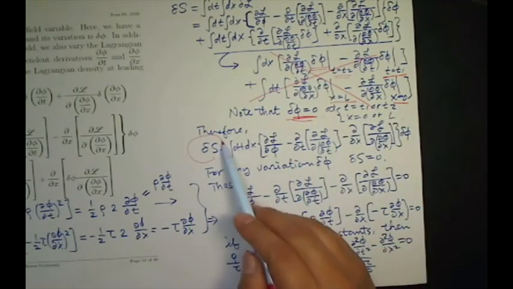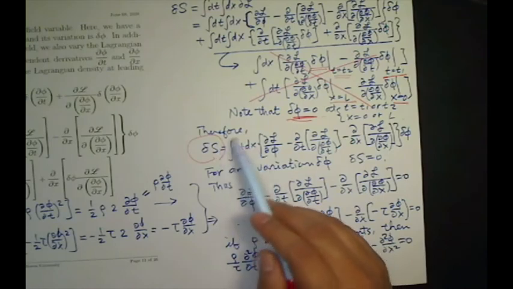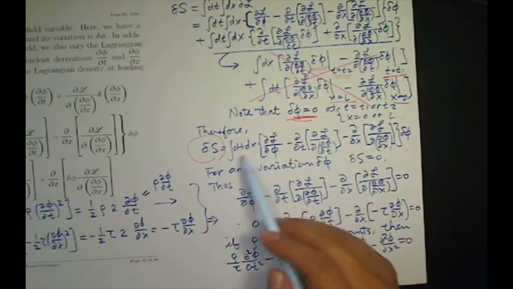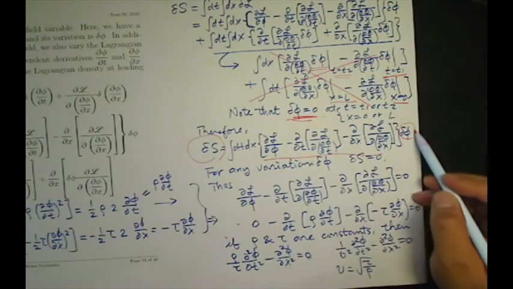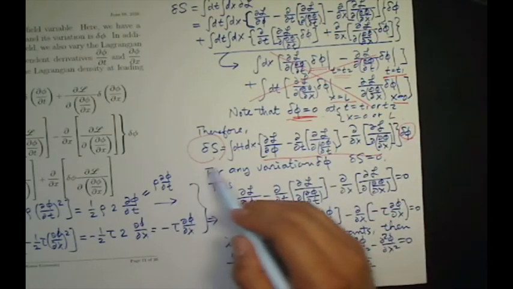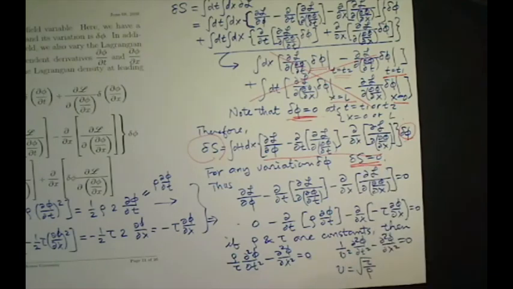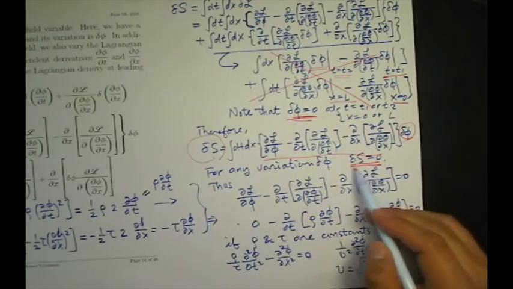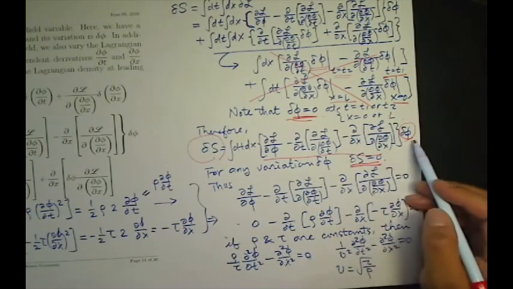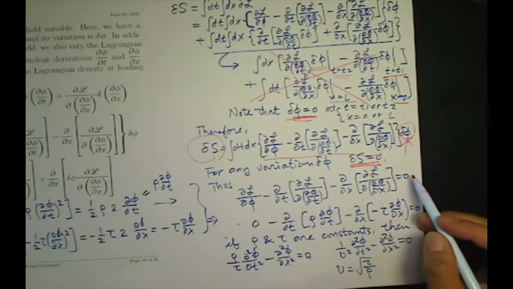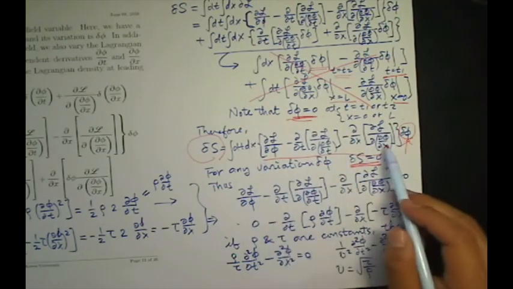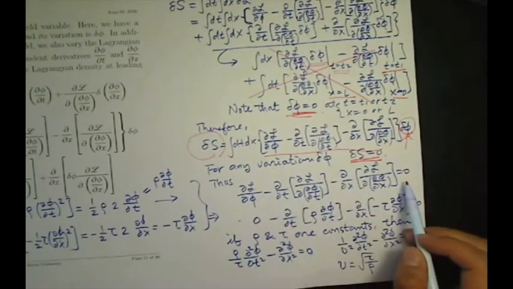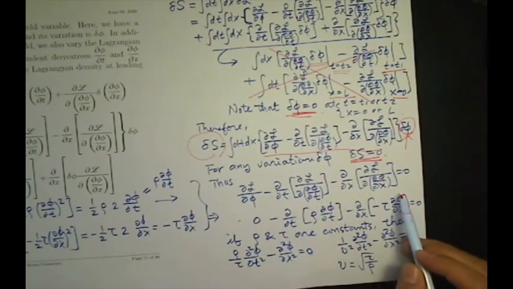Therefore, the variation of the action is the double integral of this multiplied by an arbitrary variation. And if I impose the least action principle, the variation of the action should vanish for any arbitrary variation of the field. Therefore, the expression in the braces must vanish, and this is the equation of motion.